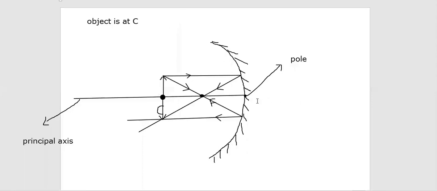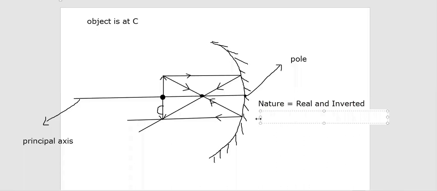So what will be the nature of the image? Nature of the image is real and inverted. See, you can see in the diagram the image is inverted as well as it is in front of the mirror. Real and inverted. Understood everyone? And position of the image.